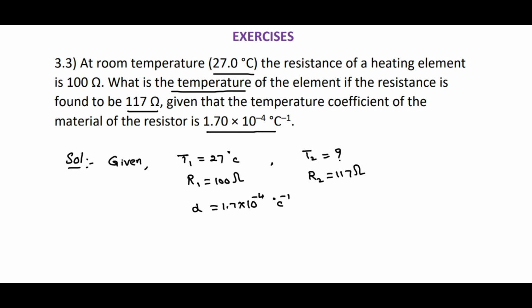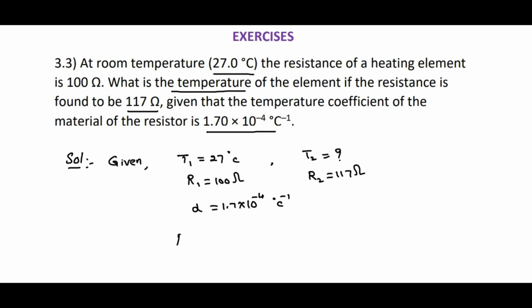So T2 will be more than T1. We know that as temperature increases for a conductor, its resistance increases, its resistivity also increases. So now here resistance is increased from 100 to 117. So temperature will be raised from 27 degrees Celsius to some other higher temperature. So T2 we need to find out.